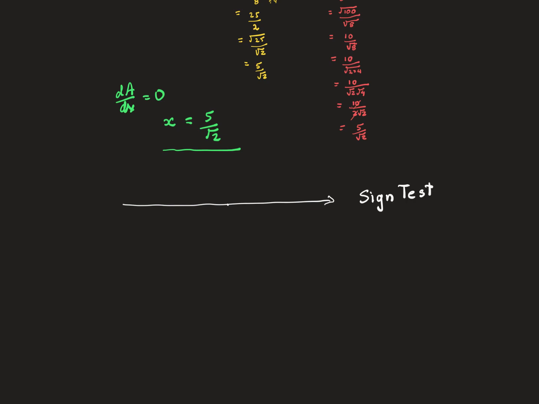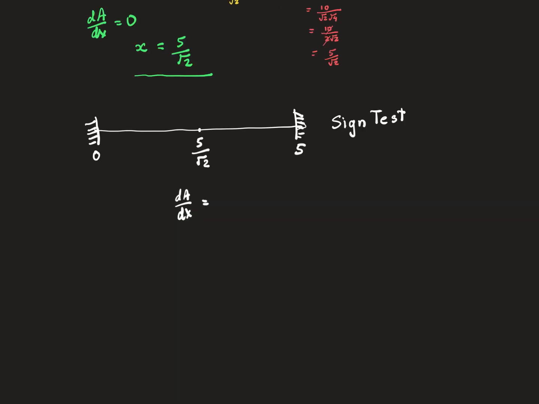We know that our x value is 5 on root 2, but we also know that it cannot go below 0 and it cannot go above or equal to 5.